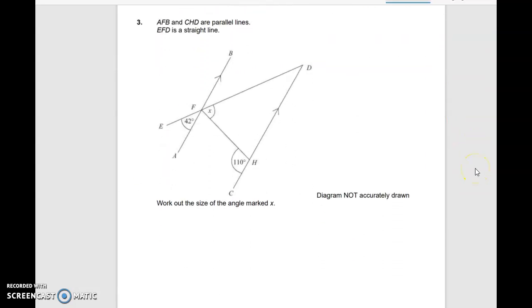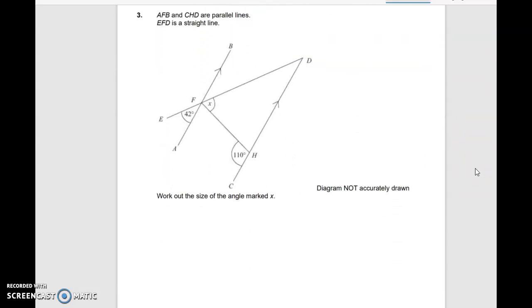Okay, let's have a look at question 3. So, again, we have our parallel lines here, AB and CD. So we can see if we can find some Fs or Zs for alternate or corresponding co-interior ones. Okay, so we've got to find X here. Now I've got 110 here.